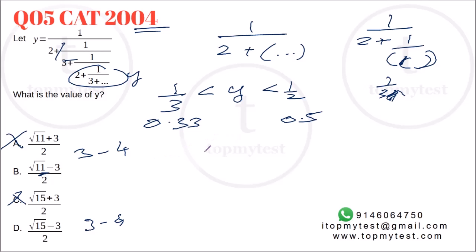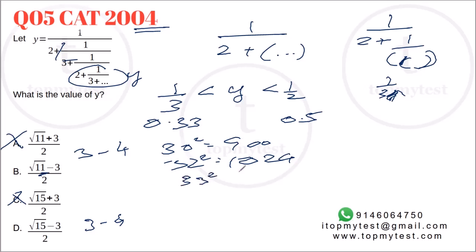If you observe, 30 square is 900, 32 square will be 1024, and 33 square will be 1089. So approximately 3.3 to 3.4.